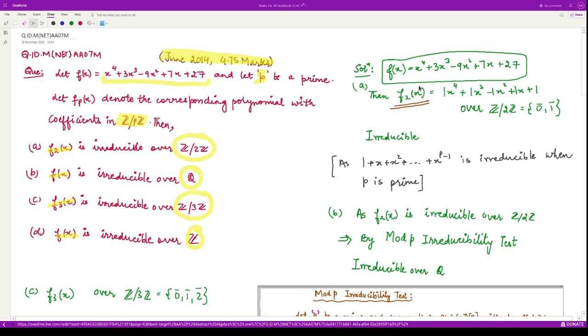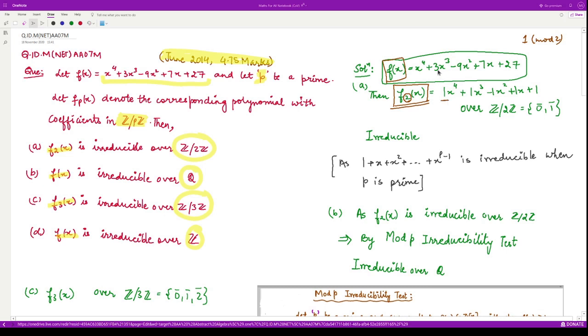It is the polynomial corresponding to f of x such that the coefficients are reduced modulo 2. That means if we have coefficient 1, we calculate it mod 2.